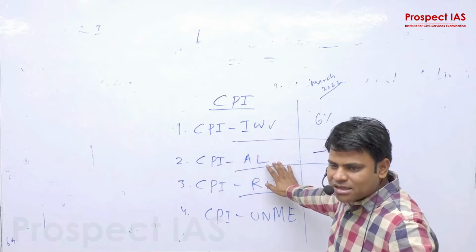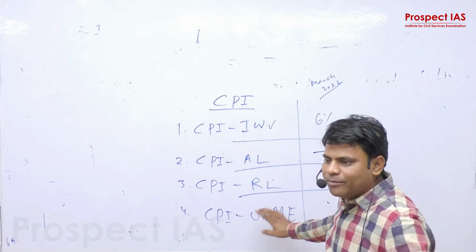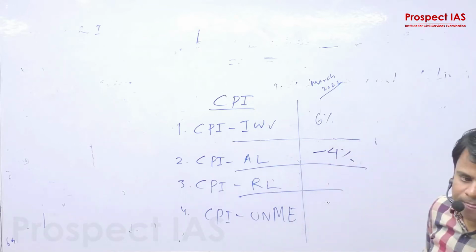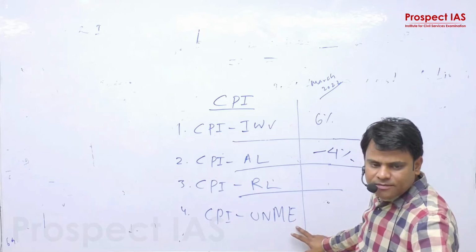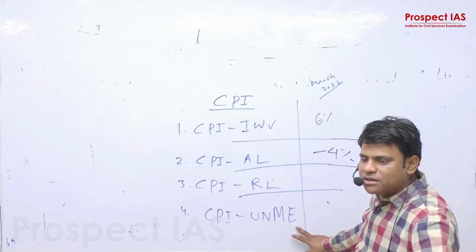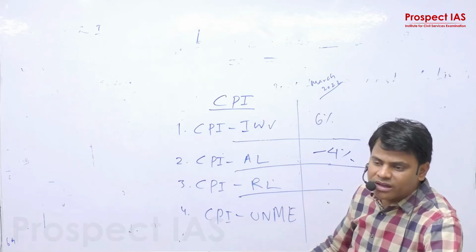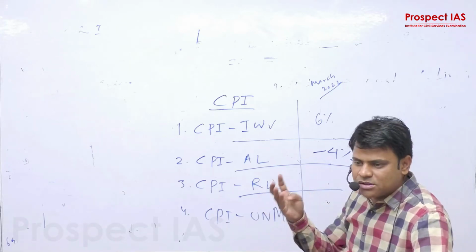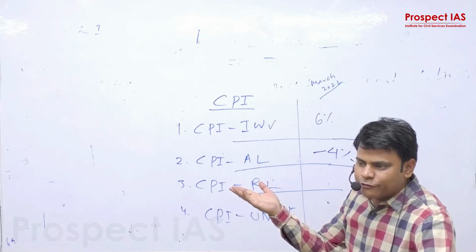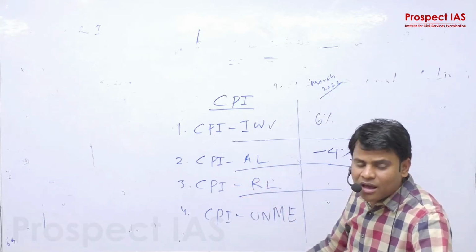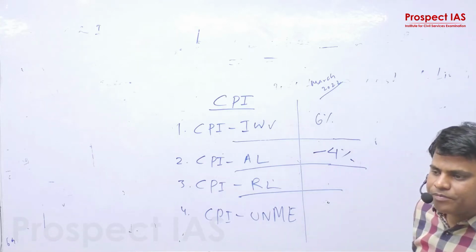This is for agricultural labor, this is for rural labor, and this is for urban non-manual employees, right? Urban non-manual employees are those employees who are living in urban areas but not working physically, they are working mentally, like teachers, doctors, staff of banking, staff and employees of civil aviation, right? They are non-manual employees. You got this point?